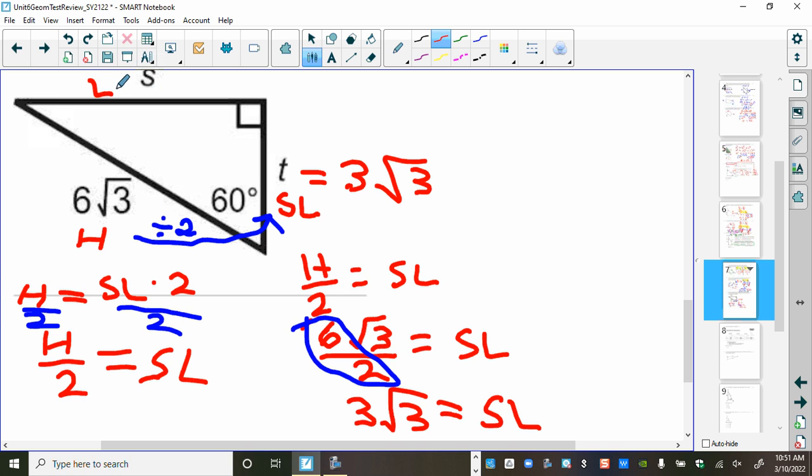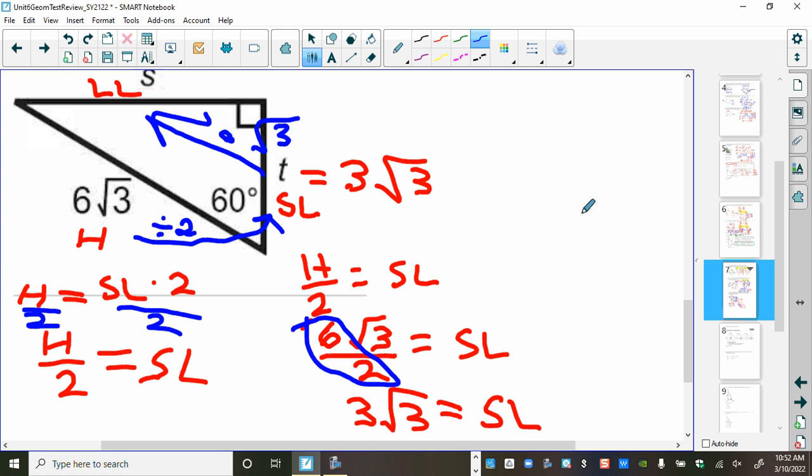You're going to multiply by something. By what? Almost. You're on the right track. We're going to go from short leg to long leg. What's with the 3? It's something with the 3. Is it 3? Square root of 3.